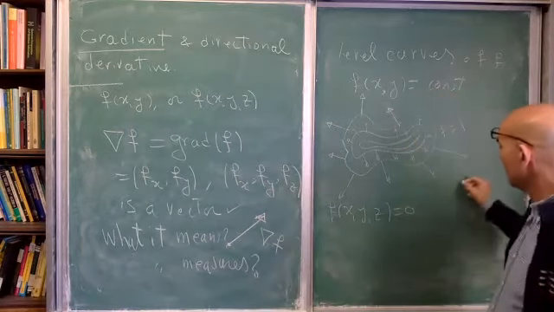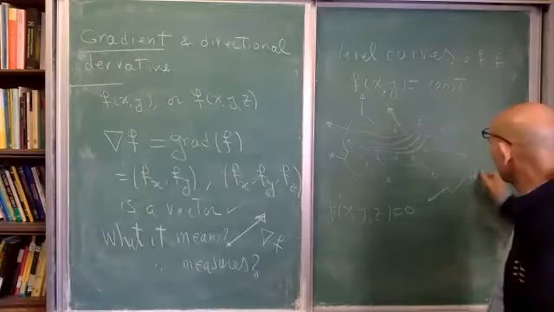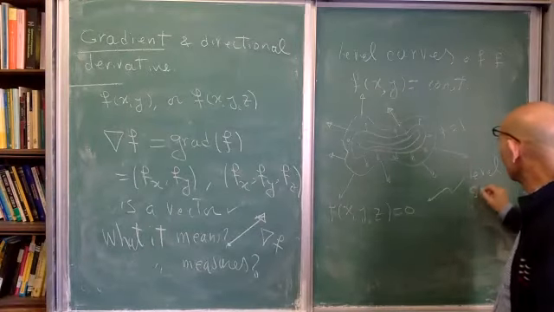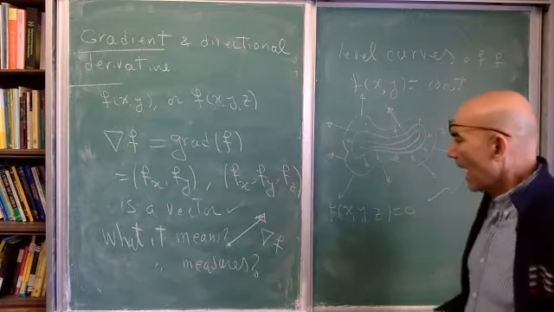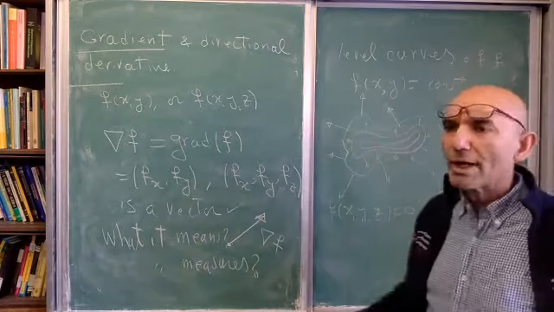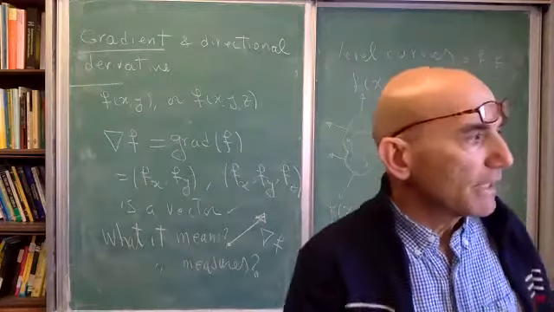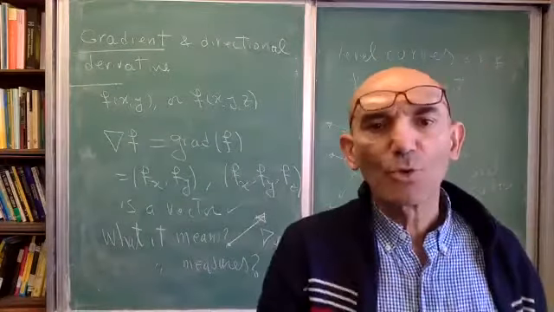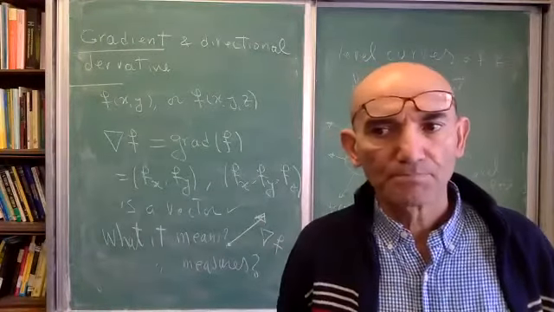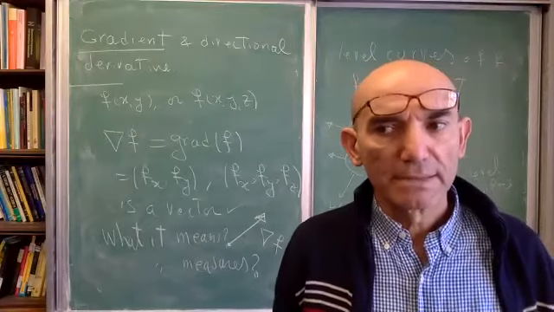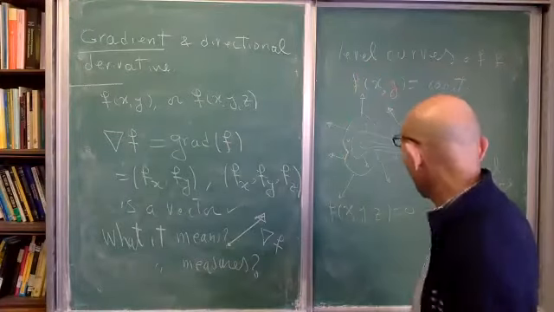So this is a level surface. And in that case, also, the gradient at each point is the normal vector to your level surface.